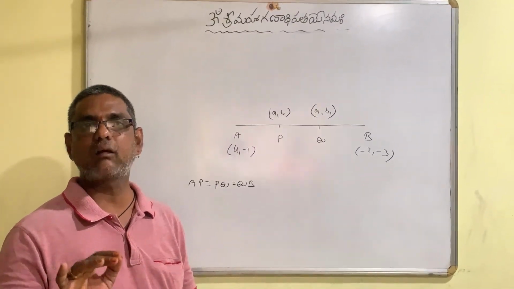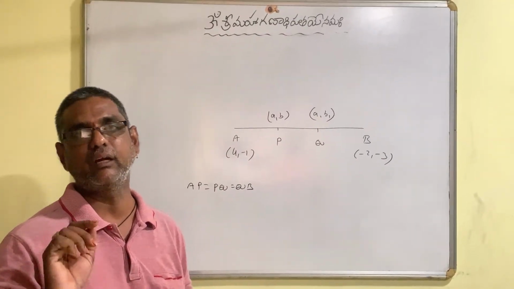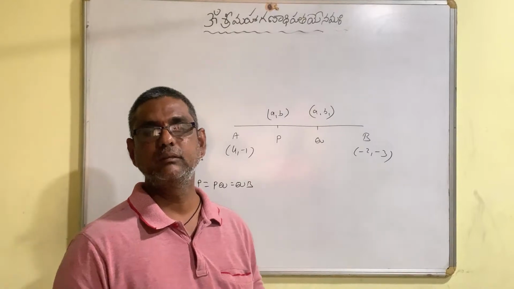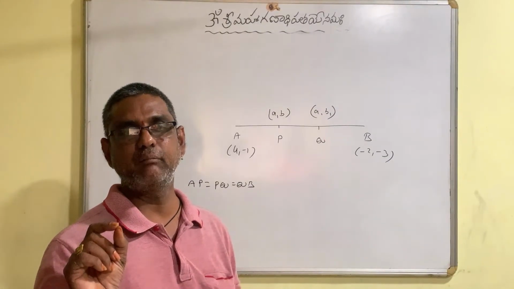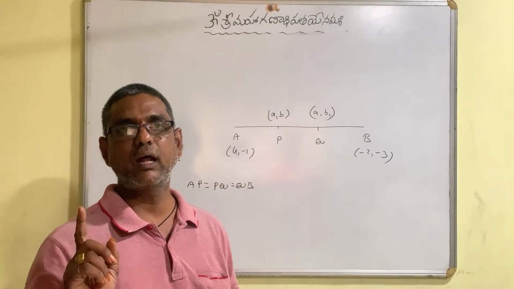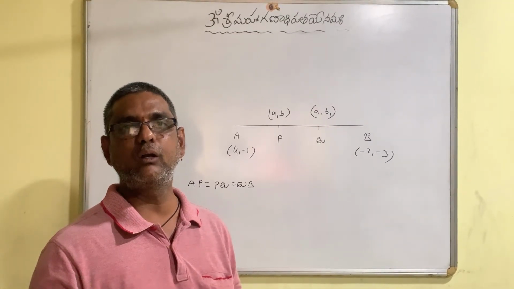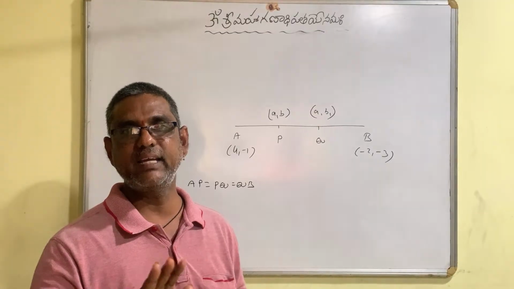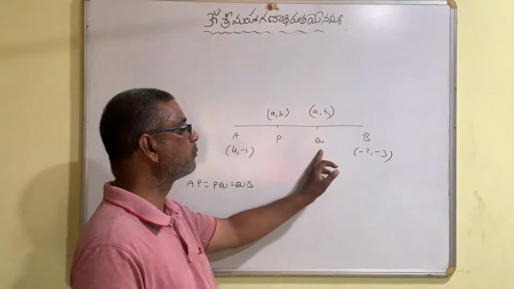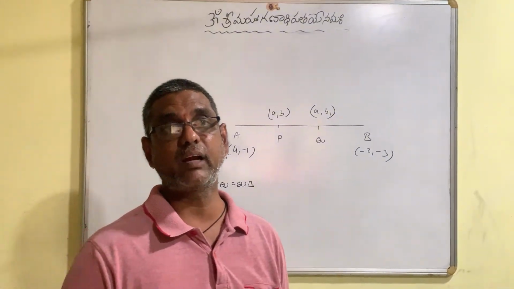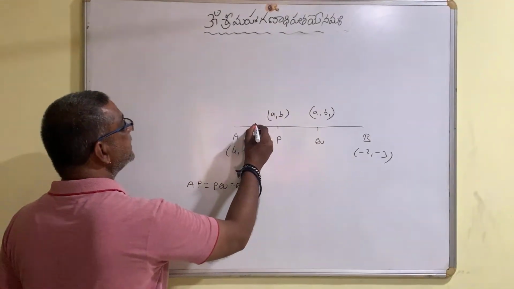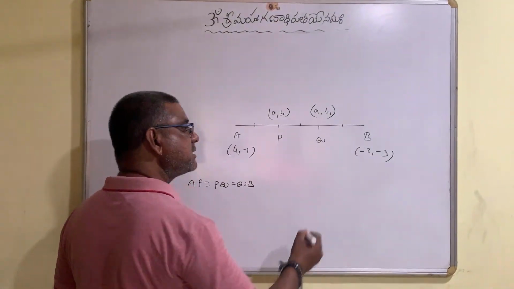That's why they are called points of trisection. First understand that concept. Points of trisection means two points which are dividing a line segment into three equal parts. Trisection, three equal parts. So those 2 points are called points of trisection.